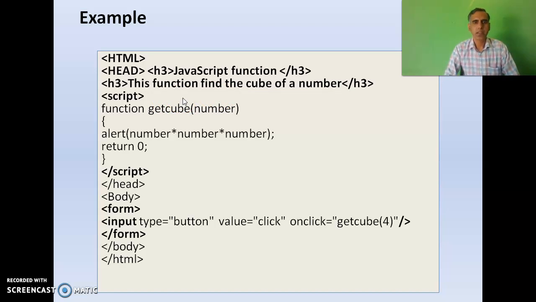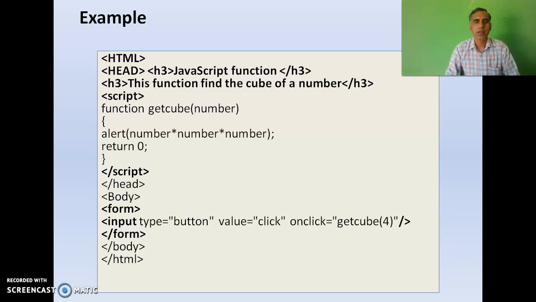Let us take this example. In this example, we defined a function to find the cube of a number. The function is defined within head tags, and the script tag is used to tell the browser that this is JavaScript code.